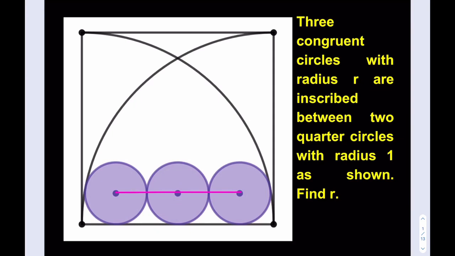So here's how I proceed. From the center of one of the quarter circles, I'm going to draw a radius, okay? And that radius, as you know, is going to go through the center of one of the circles. So it's going to go like this. And that's actually very critical. This is a very critical connection here. Here we go. All right.